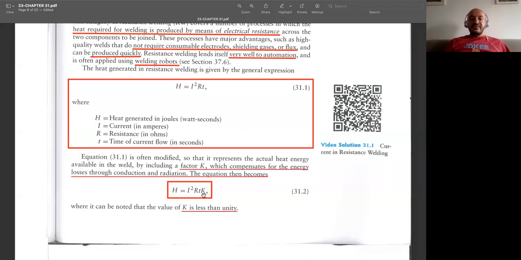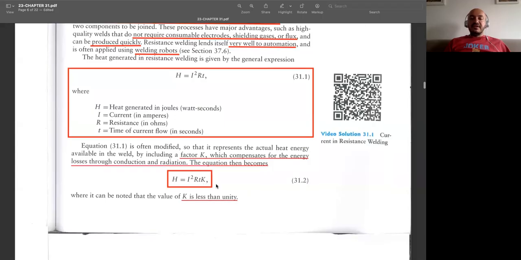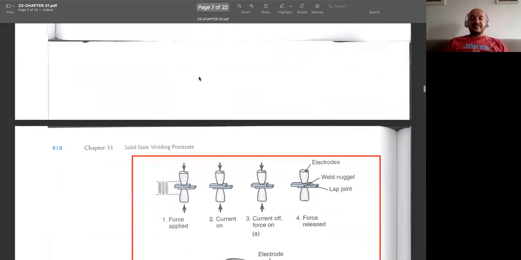Depending on the type of electrode and the type of materials you are using, that K value may change. If you do the simple multiplication, you can obtain the heat generated. If you increase the current or the resistance of the items, then we will be generating more heat.